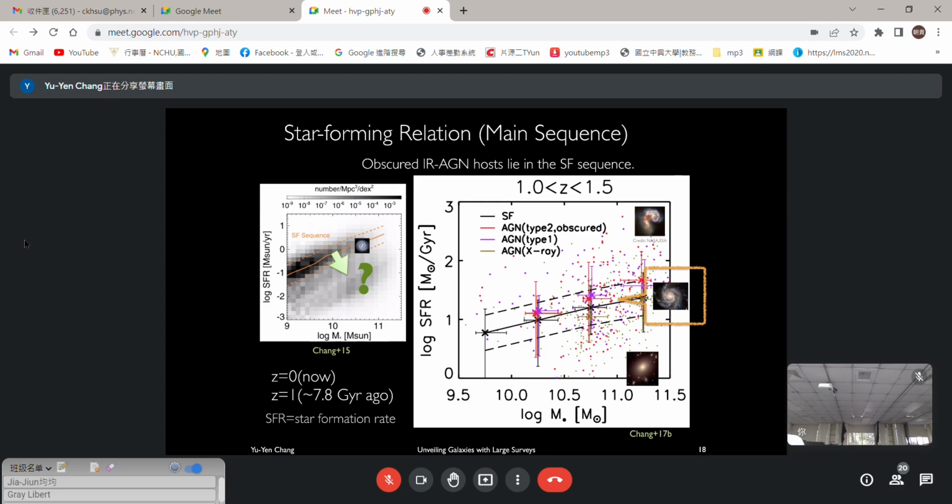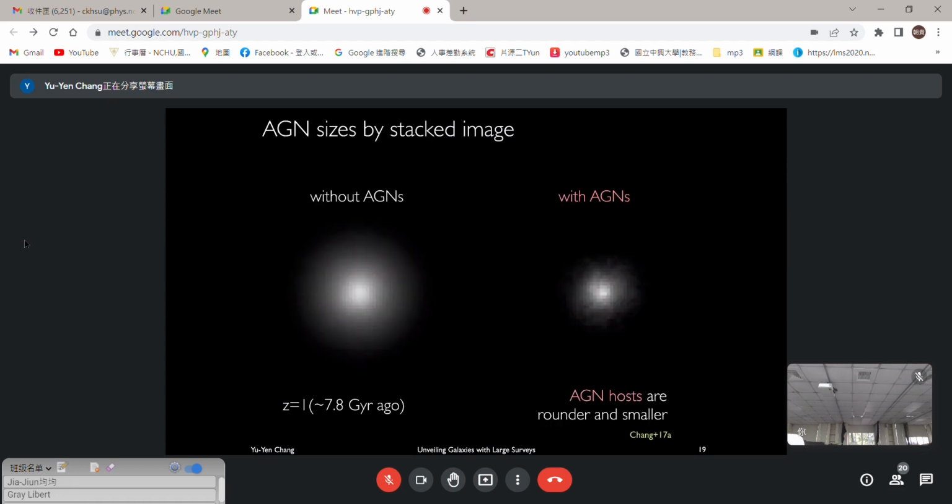Another thing we can explore is their size and morphology. We did another work to check their physical size.